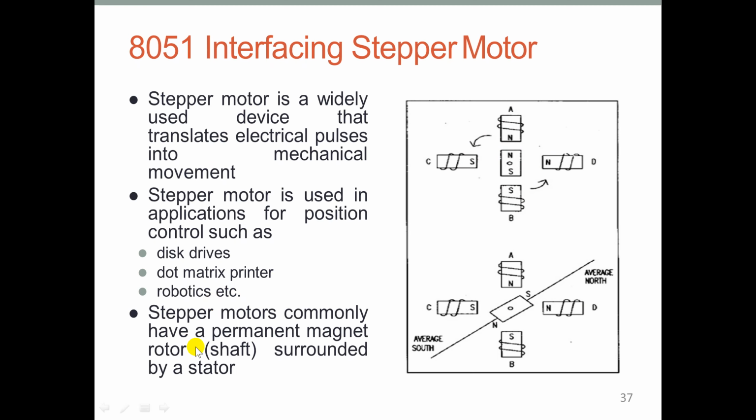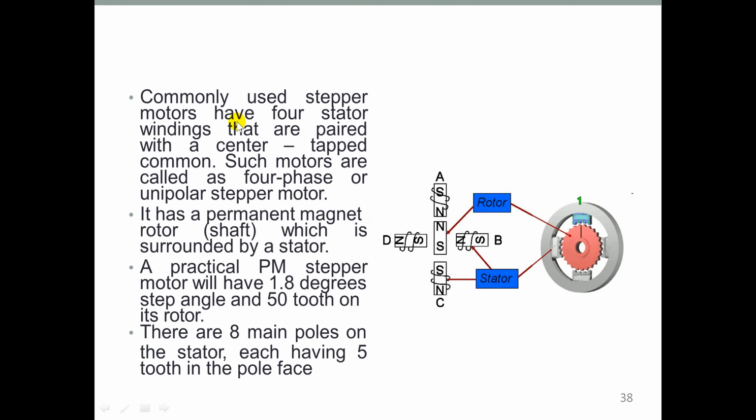Stepper motors commonly have a permanent magnet, which we call the rotor or shaft, surrounded by a stator, as I showed in this diagram. So we have four magnets. Commonly used stepper motors have four stator windings paired with a center tapped common. Such motors are called four-phase or unipolar motors.